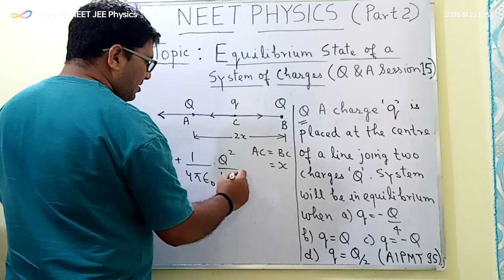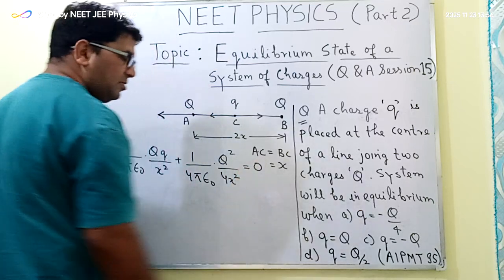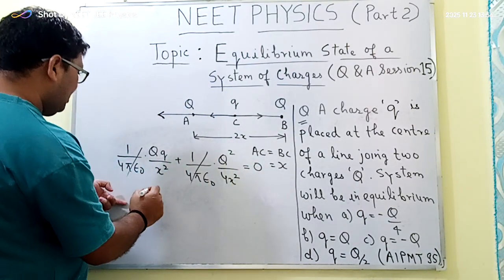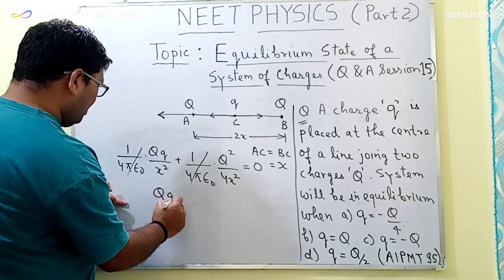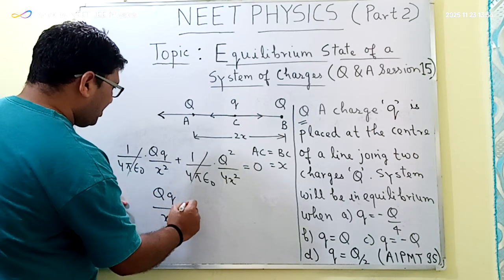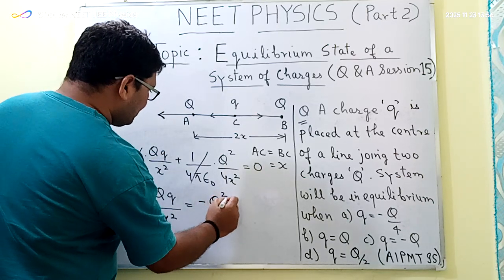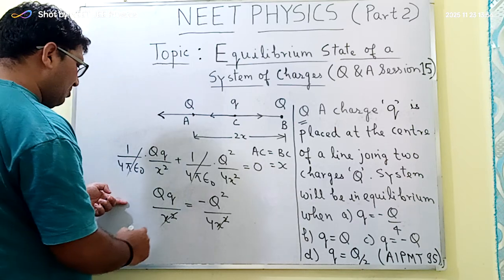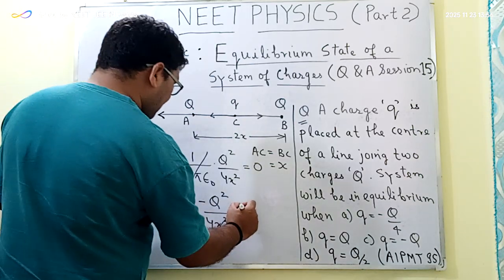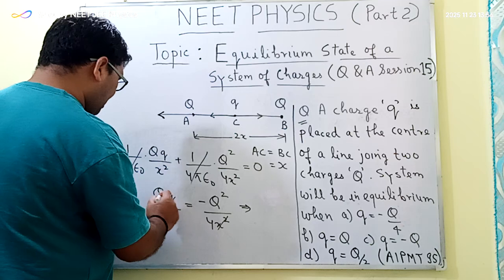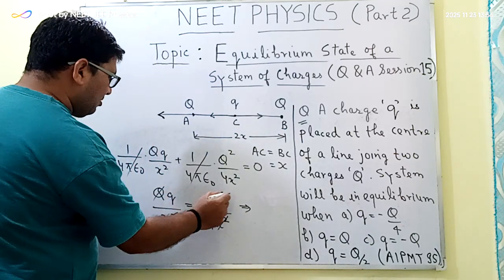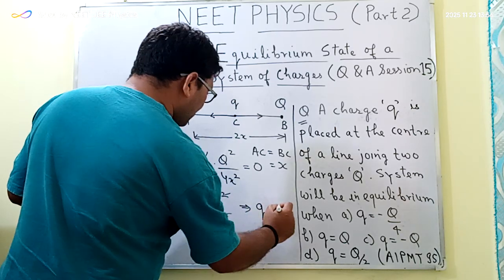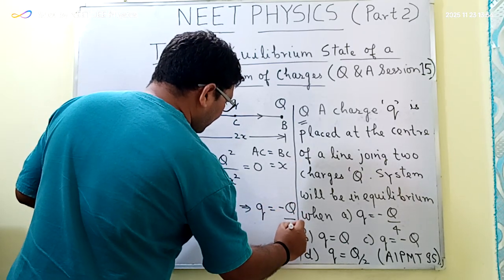And this should be equal to 0. From here the 1 by 4 pi epsilon naught will get cancelled out, so I will get Qq upon x square equal to minus Q square upon 4x square. The x square and x square will also get cancelled out, and the Q and Q will also get cancelled out, so I will get q is equal to minus Q upon 4.